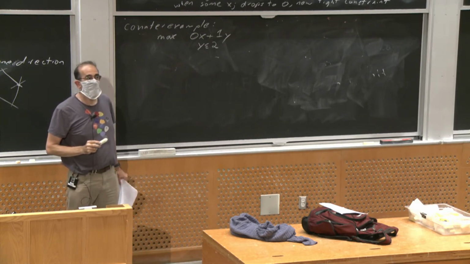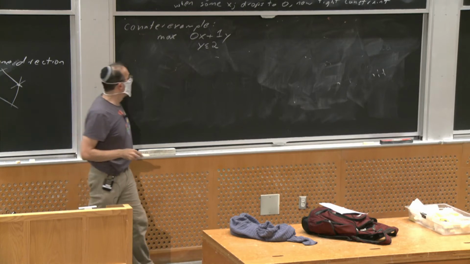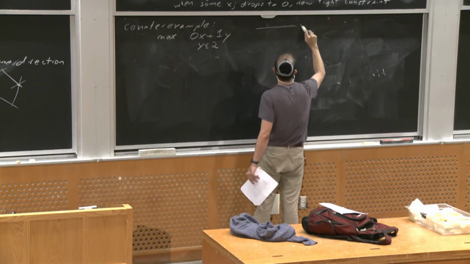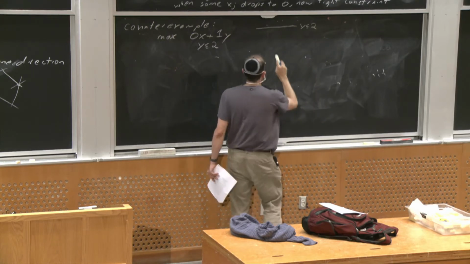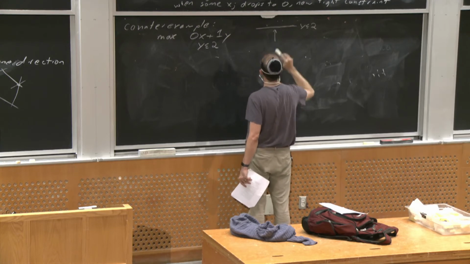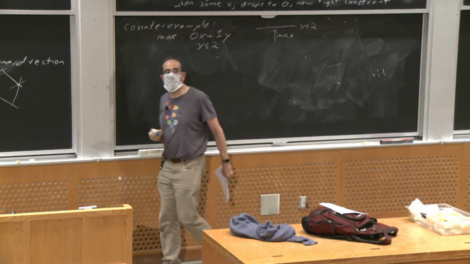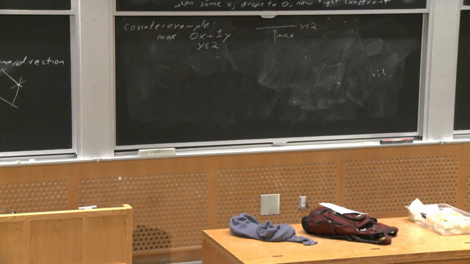What does that canonical linear program look like? It puts a y less than or equal to 2 ceiling and then says, I want to maximize my height. So where is the basic feasible solution?